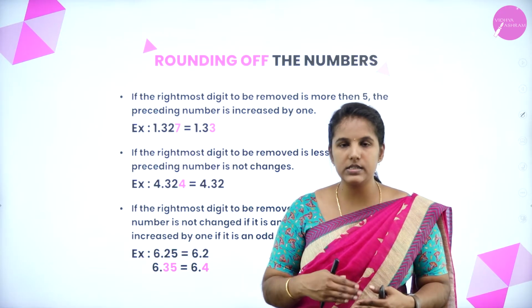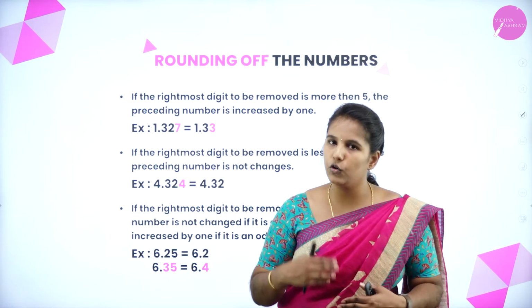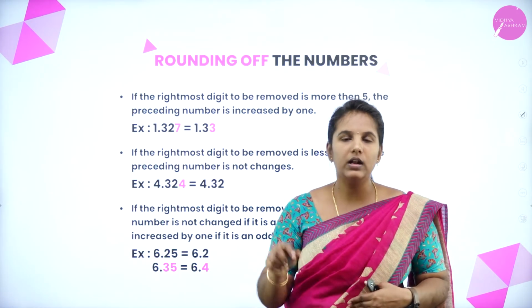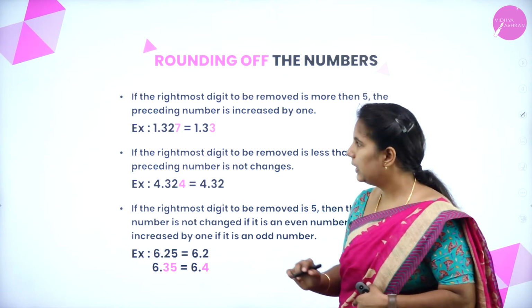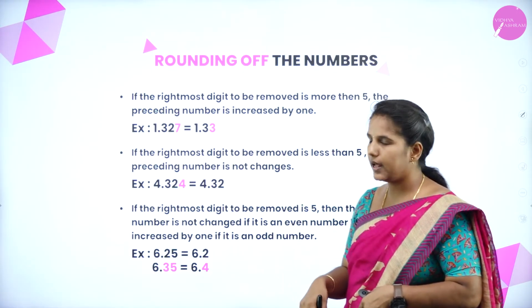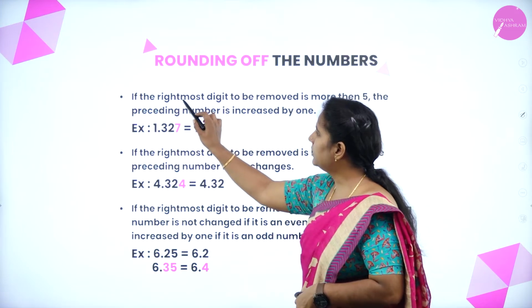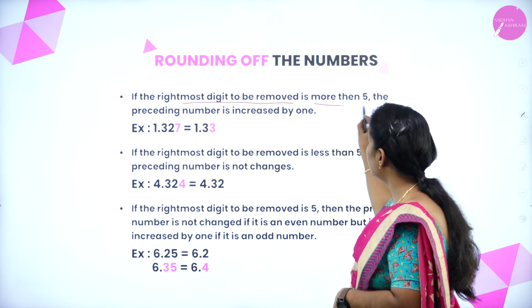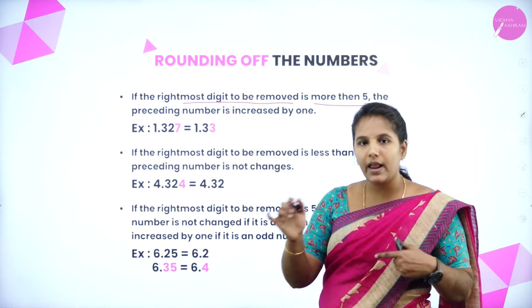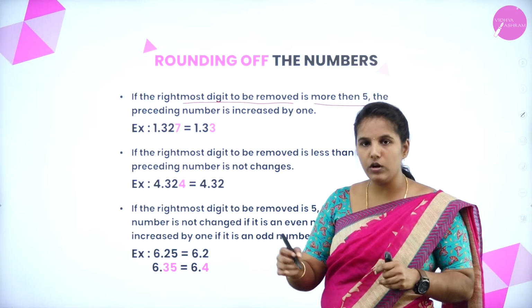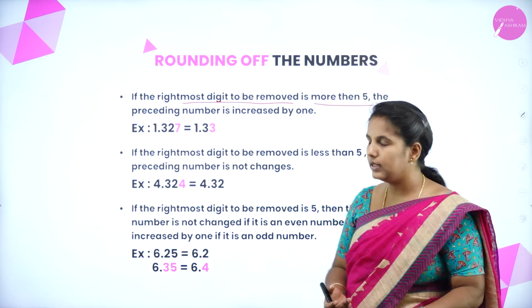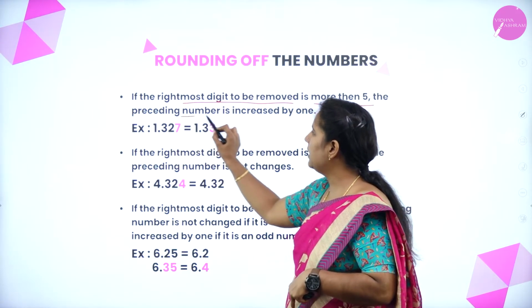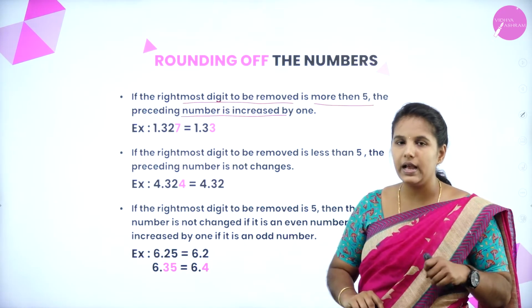For this also, we have only 3 rules. The first rule says that if the rightmost digit removed is more than 5, then the preceding number should be increased by 1.